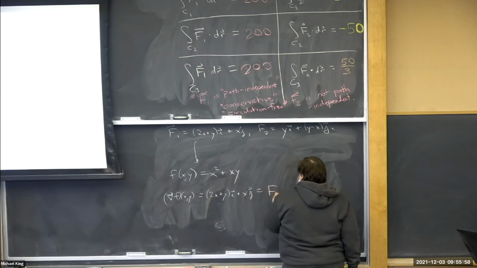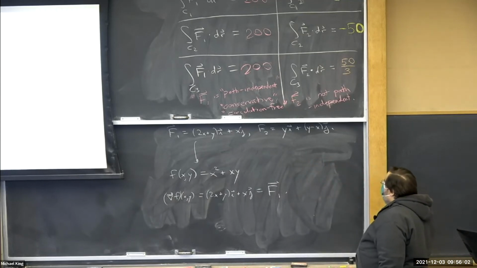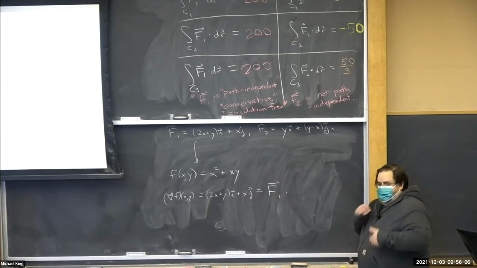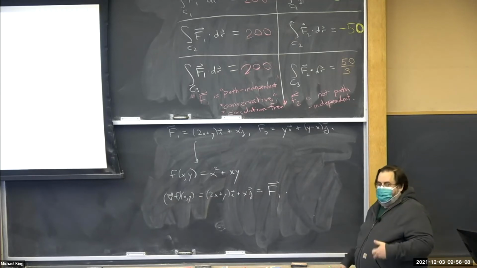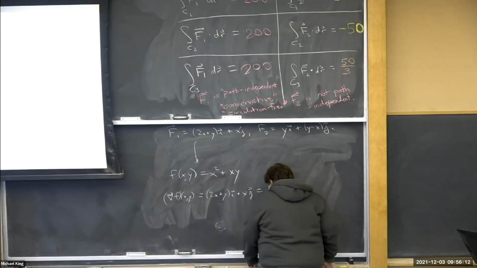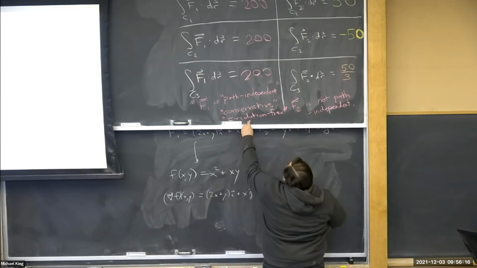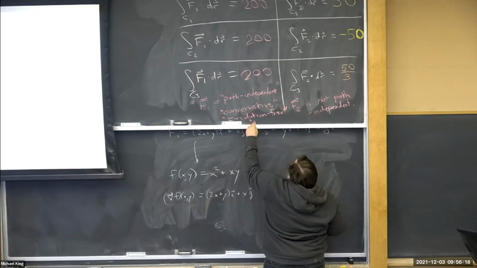That equals F1. So in fact, F1 actually arises as the gradient of some function. The vector field arises as the gradient of some function. I guess really there's a fourth term for this, which is gradient field. Sorry, there are so many different terms.